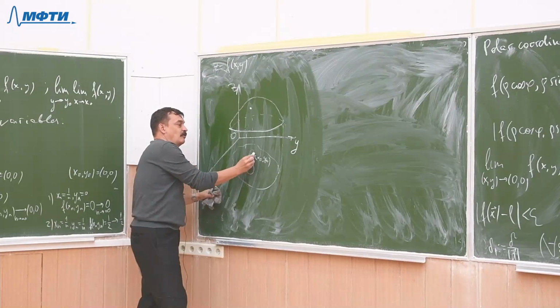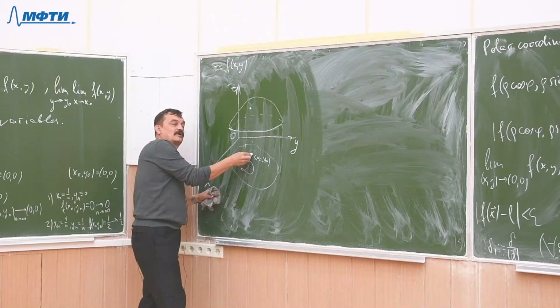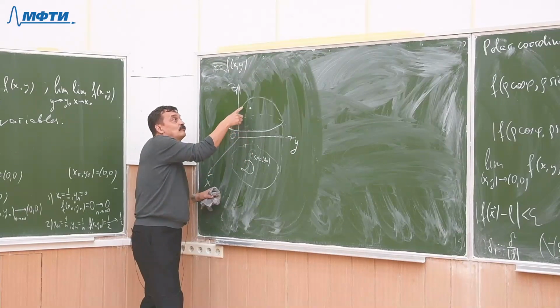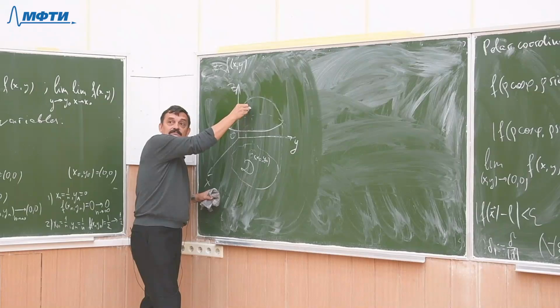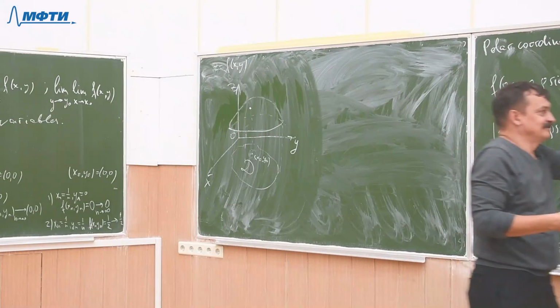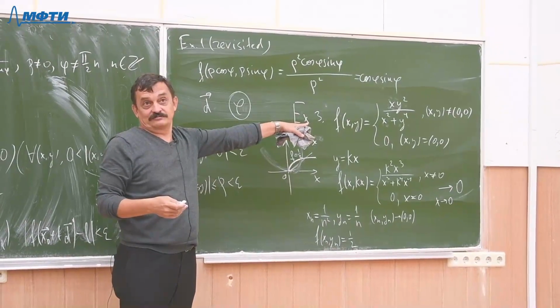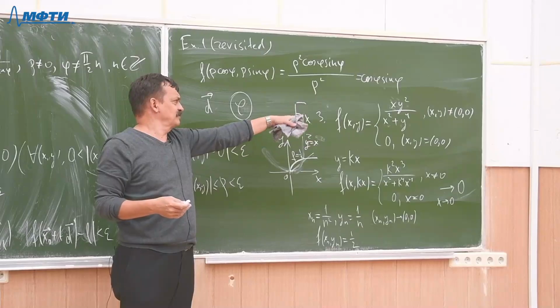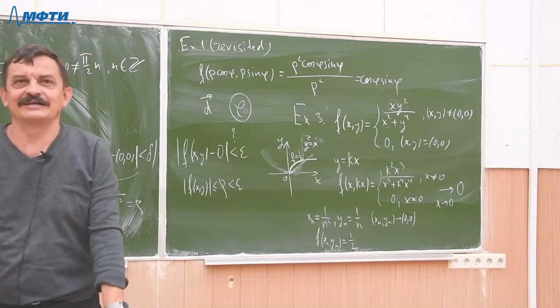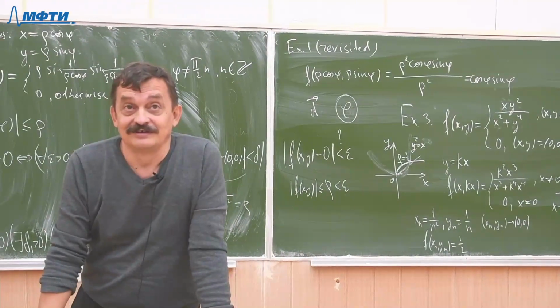Doesn't matter how I approach in the plane, right? xy is in the plane. The values of f approach that one, if the graph is like that. Here, of course, I will not try to draw the picture of the graph of that function. I guess you can do it by yourself. There are a lot of tools to draw it, right? So this is not like that.